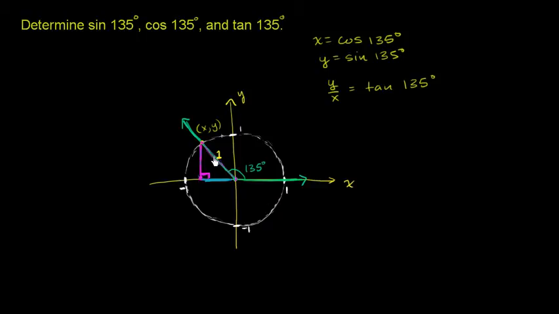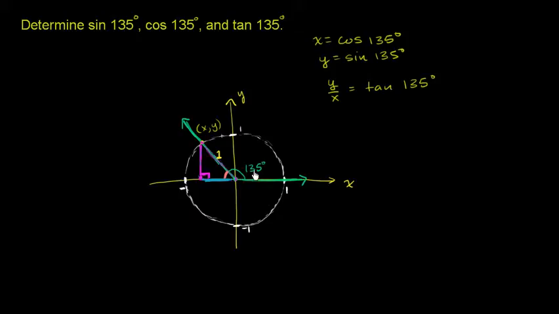Now, my second question to you is, can you figure out the angles of this triangle? In particular, can you figure out the measure of this orange angle right over there? Well, it is definitely supplementary to this 135 degrees. 135 plus this orange angle must be equal to 180 degrees.